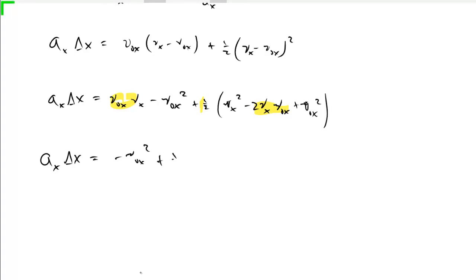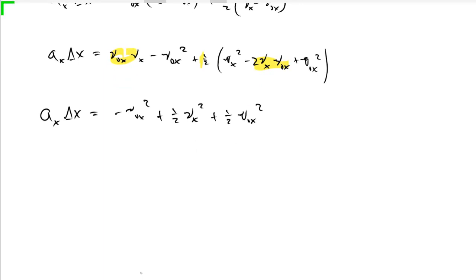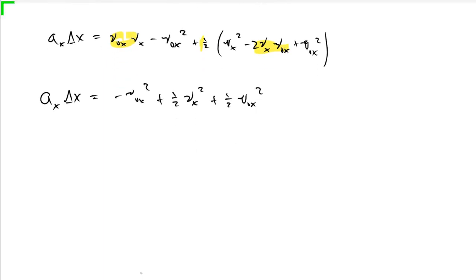And so we have ax delta x is equal to negative v naught x squared plus 1/2 vx squared plus 1/2 v naught x squared. So we have minus v naught x squared plus 1/2 v naught x squared. This means that we have ax delta x is equal to 1/2 vx squared minus 1/2 v naught x squared.